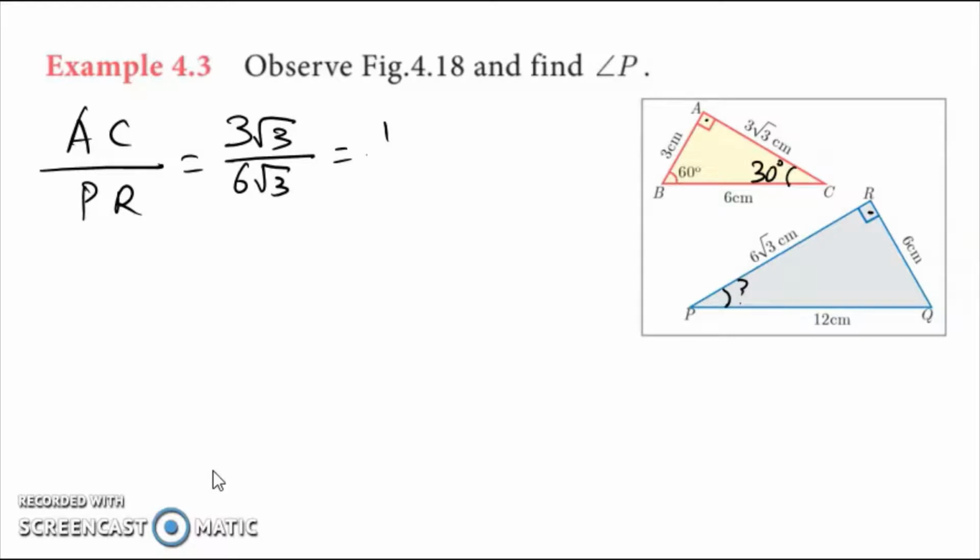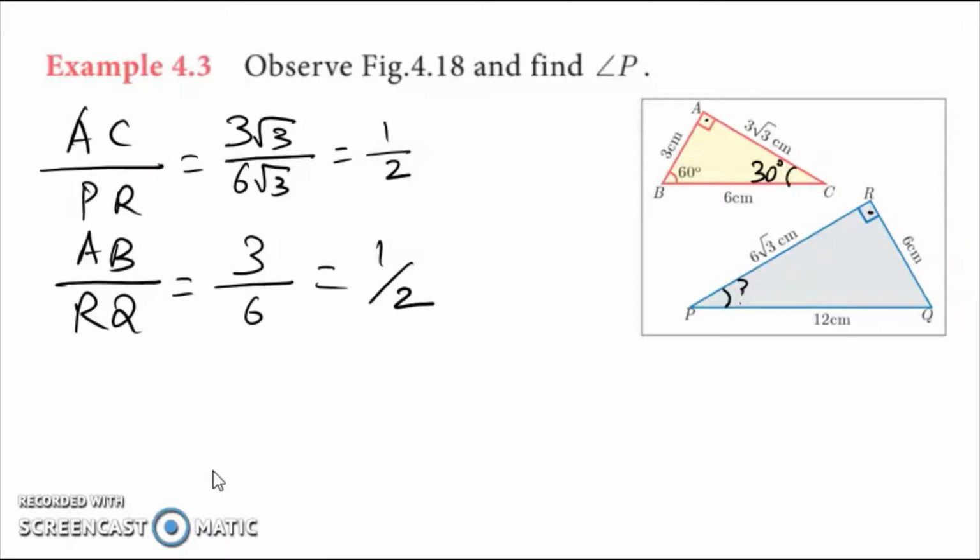So that is 1 by 2. Then let's find AB over RQ. That's equal to 3 over 6, and that's 1 by 2.